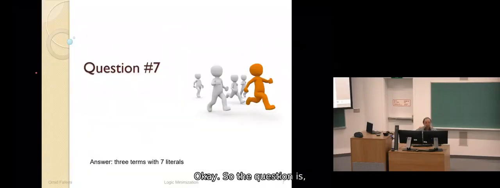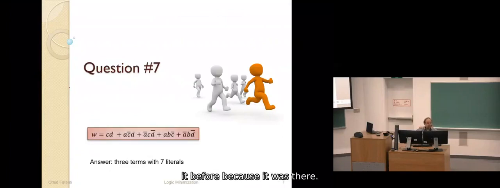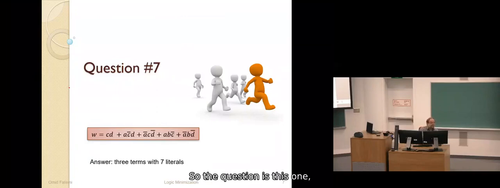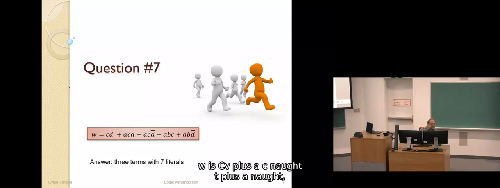Okay. So the question is, and some of you might have seen it before, because if you have downloaded the PowerPoint, you could have seen the question. So the question is this one. W is CD plus A C naught D plus A naught CD plus AB C naught plus A naught BD. Simplify it. I will give you the hint also that the answer would have 3 terms.